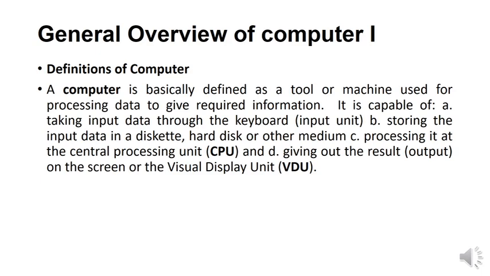So, and they went further to tell us that a computer must be capable of what? Taking inputs through different input devices like keyboard, mouse, joystick, touch pen and several other input devices. And then how does it store all those data or information that it takes?